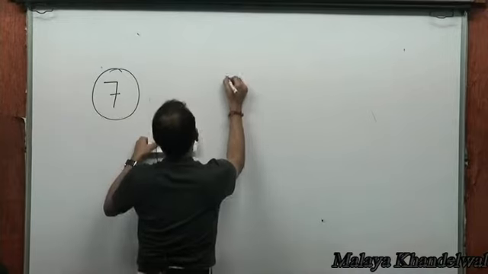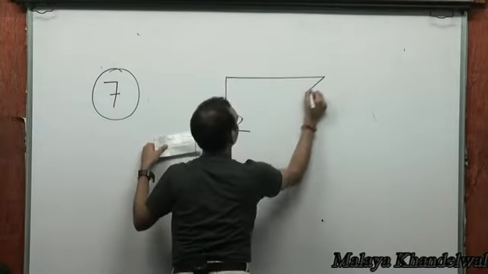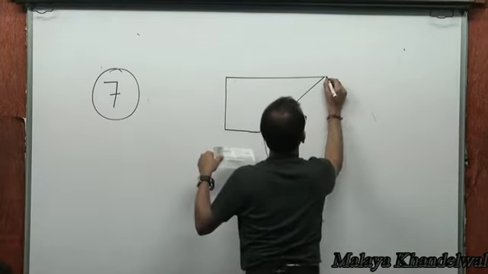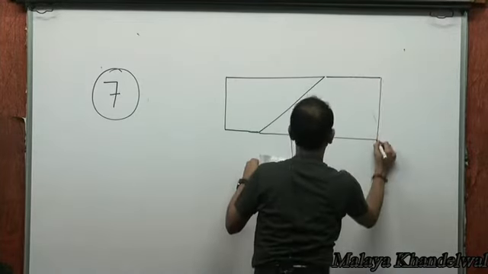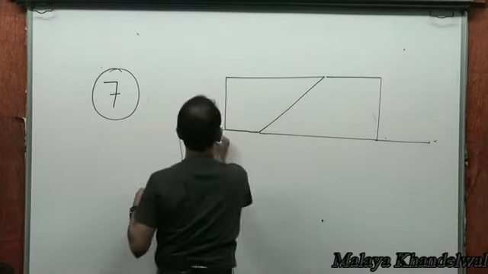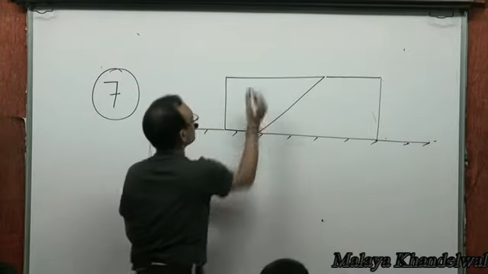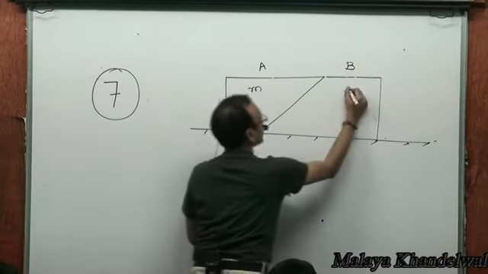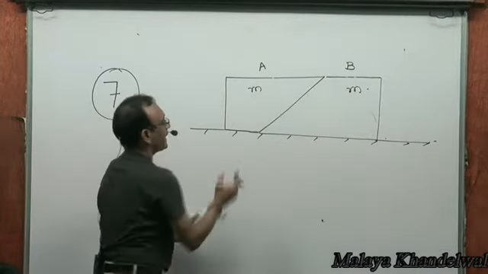Okay. So here we have two wedges. Block A and block B, mass m each, and they maintain contact.